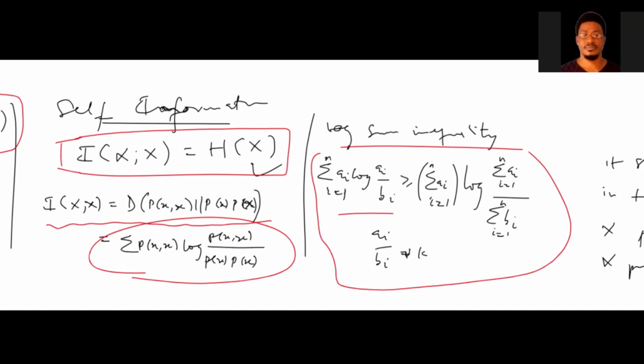Okay, so that's if and only if a sub i over b sub i is a constant, say k.